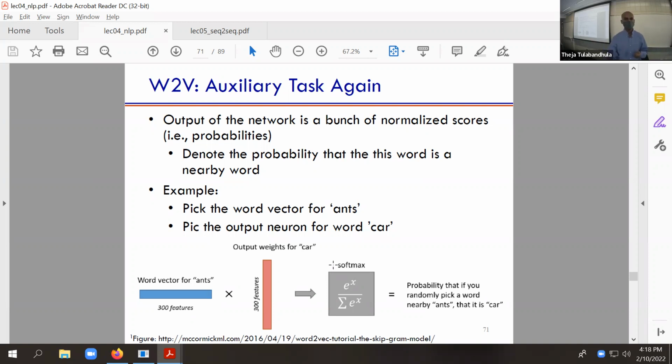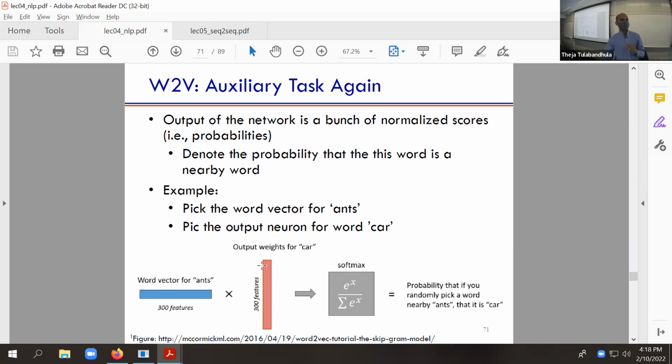All we're doing is that, let's say ants is the input, and there may be a corresponding nearby word for ants, but let's say it's car, or maybe it's not car, doesn't matter. So we pick the word vector for ants, which is the 300-dimensional vector in the first part of the layer, right? And then it's getting multiplied with a weight matrix, which produces 10,000 scores.